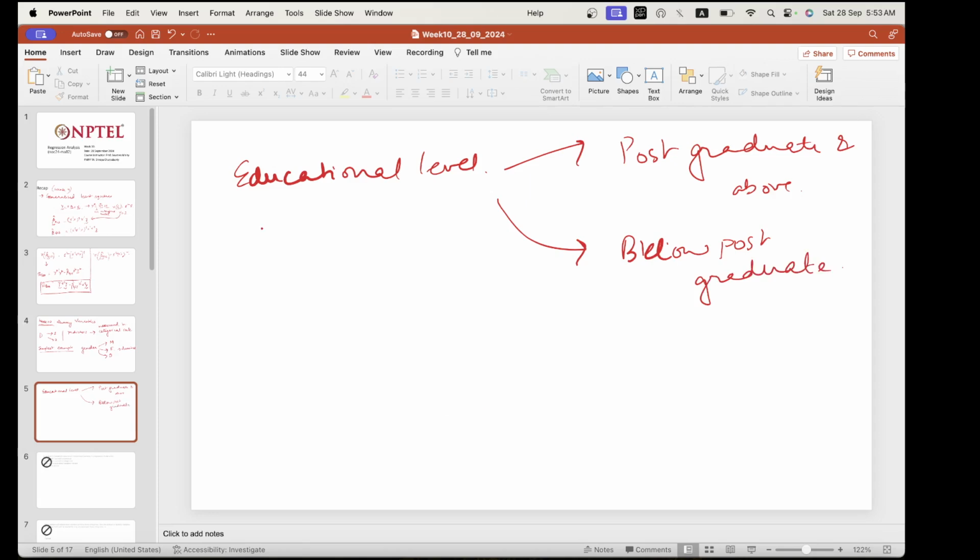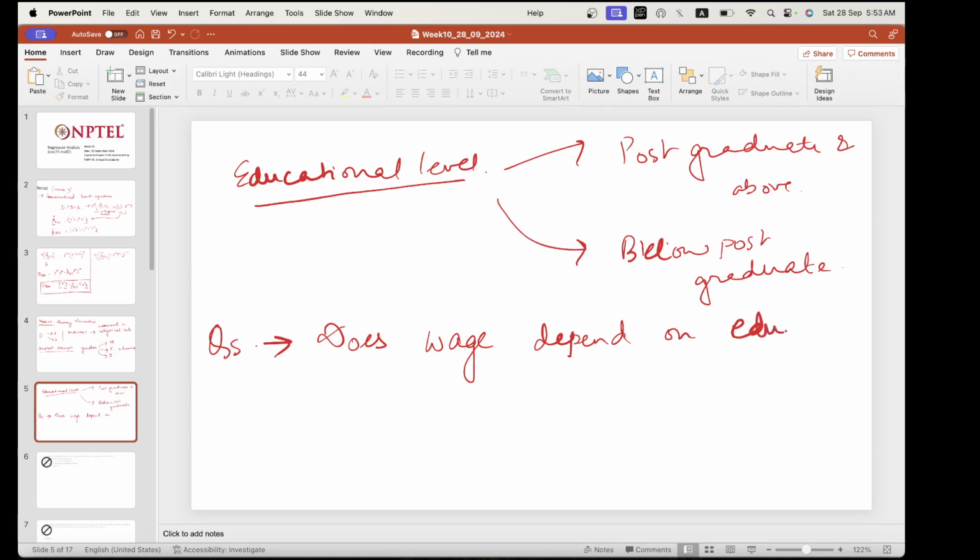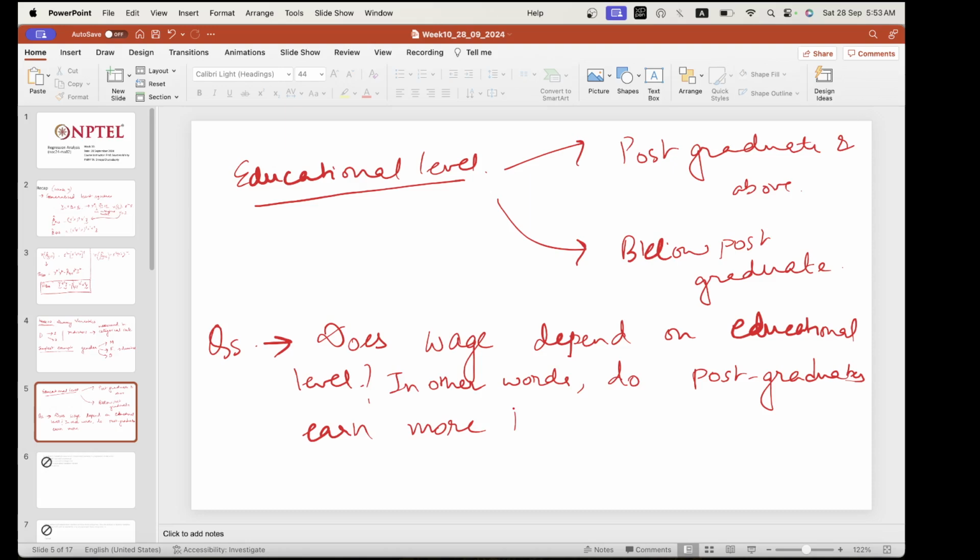Okay, so now my question is, let's say, does wage depend on educational level, or in other words, do postgraduates earn more than non-postgraduates?